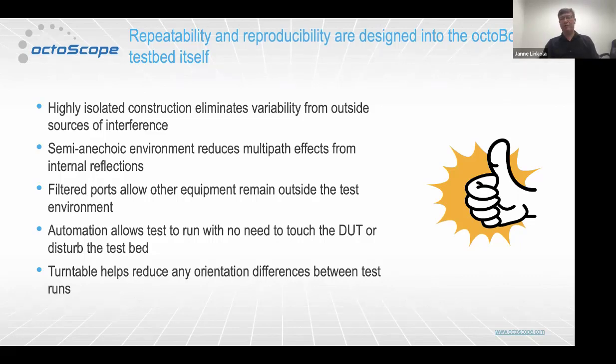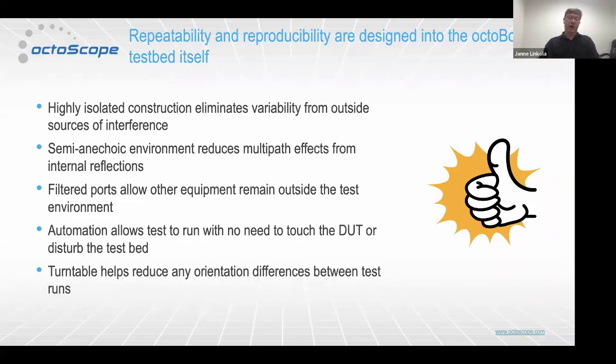Maybe you get a couple of reflections, but the signal is so attenuated at that point that there's very little multi-path happening inside the environment. We have some connections to the outside world, electricity, for example, but it's through filtered ports. So no interference is injected through those ports.